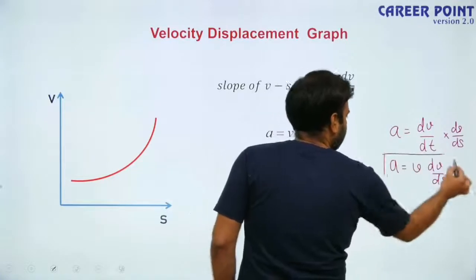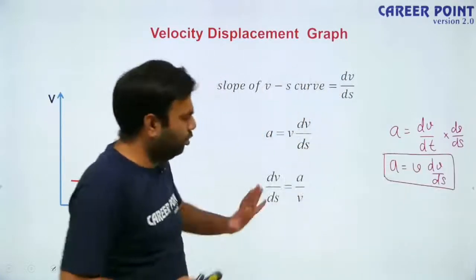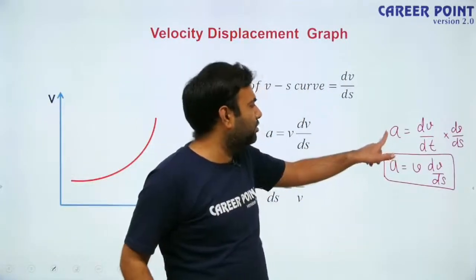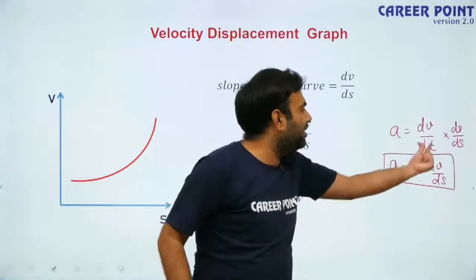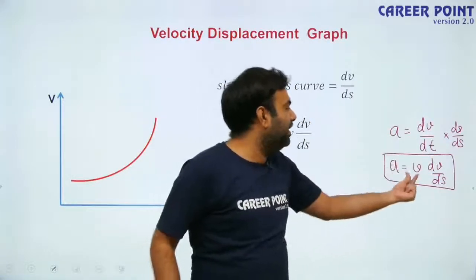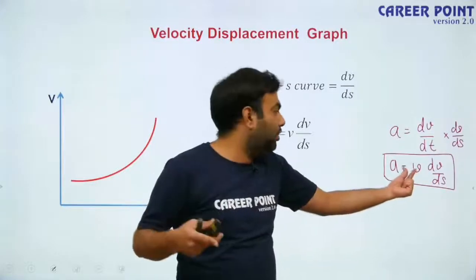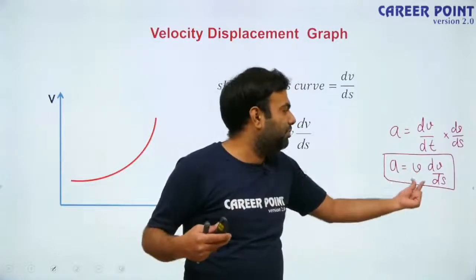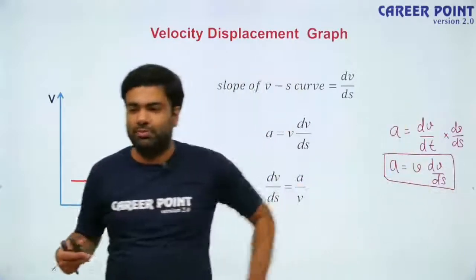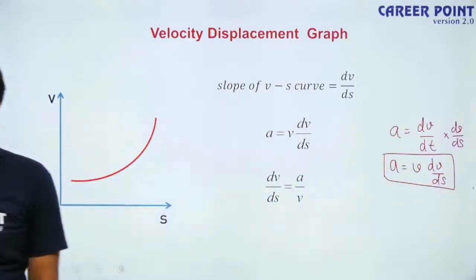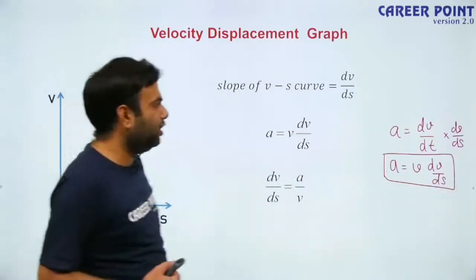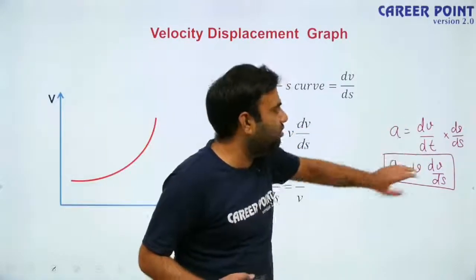So there are two definitions of acceleration, and both are the same. Acceleration can either be written as dv by dt, or it can be written as v into dv by ds. That means the velocity at that particular instant where we want to find the acceleration, multiplied by the rate of change of velocity with respect to displacement. Yes, Tushar, this is differentiation. Okay, so you should know both these definitions.